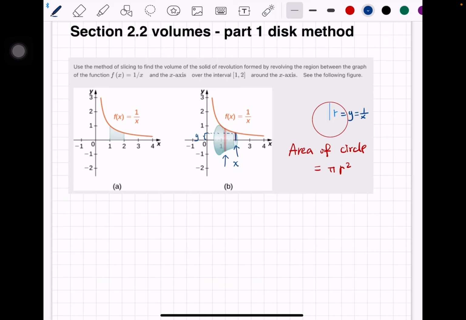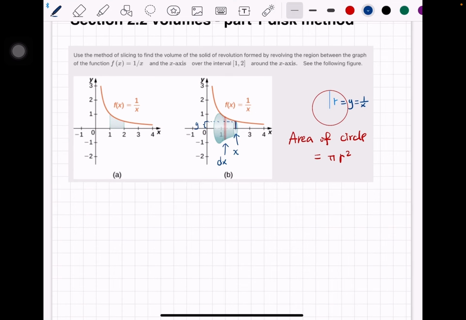And this thickness is going to be dx. Now we can start to set it up for the volume.